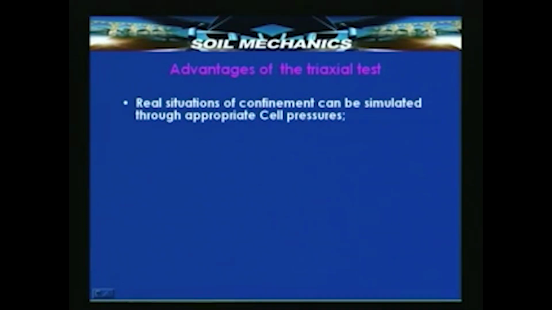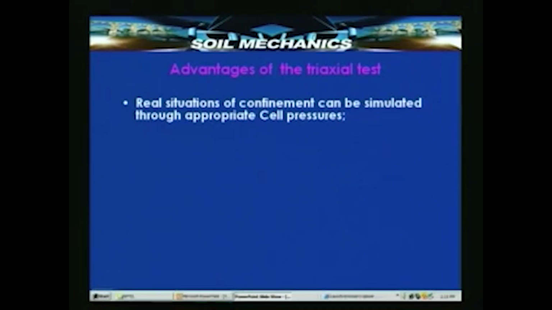When you extract a sample from a certain depth and cut a specimen out of it and test it, obviously in order to simulate the conditions which it experienced in the field, we need to know the condition of confinement and reproduce that in the experiment. The triaxial test helps us do precisely this, because we can apply a cell pressure of any known magnitude which will simulate the confinement that this sample is experiencing in the field at a given depth.